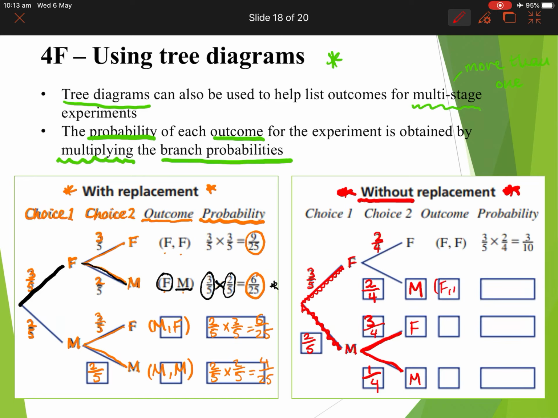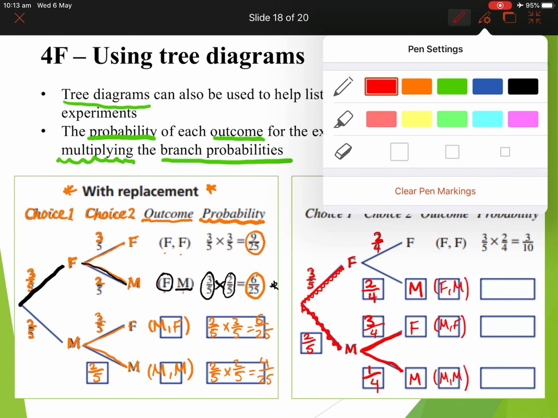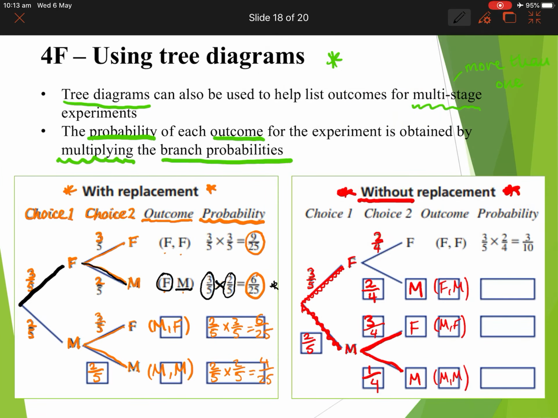Okay, so you're going to have female, male as the outcome for that one. The outcome for this one is male and then female. The outcome for this one is male and then male. And for the probabilities here, again, you go across. So let me get my black out again. For this one, we're trying to find the probability of getting a female and then a male.